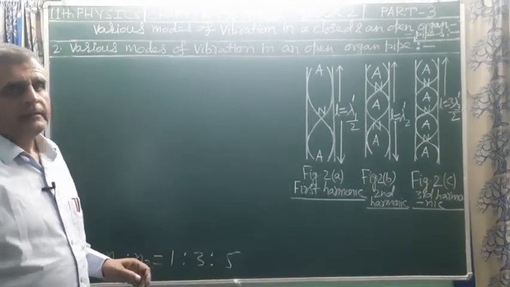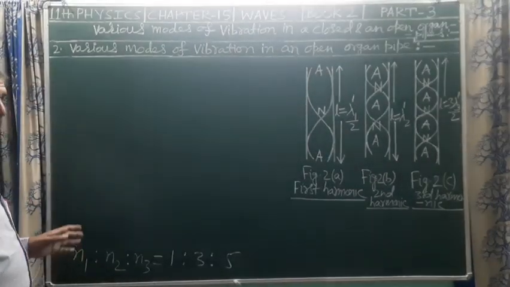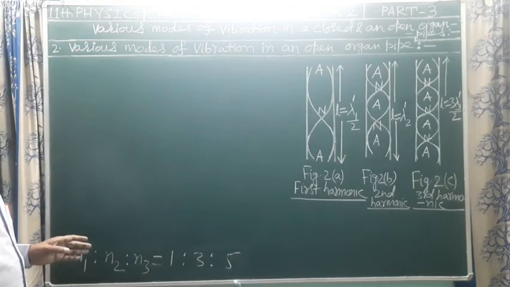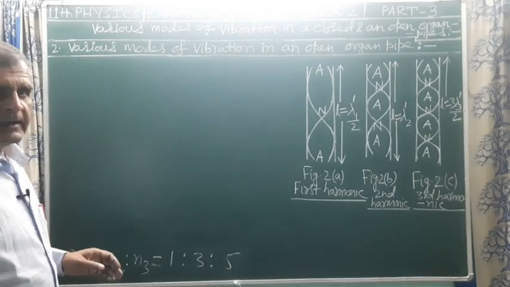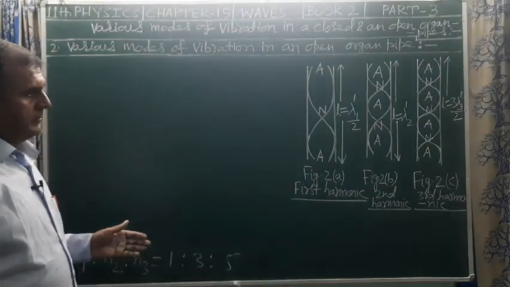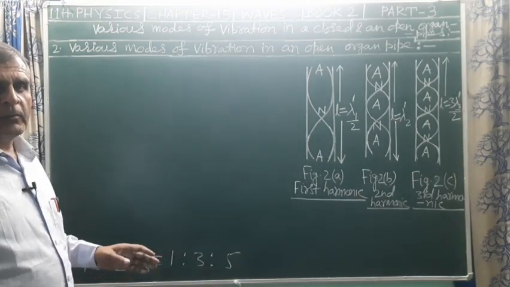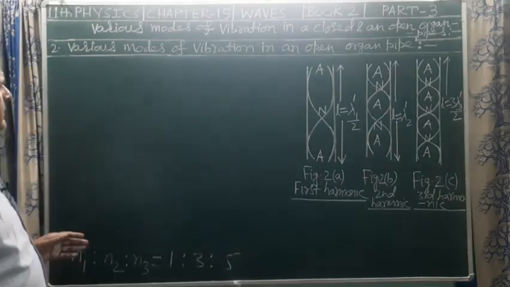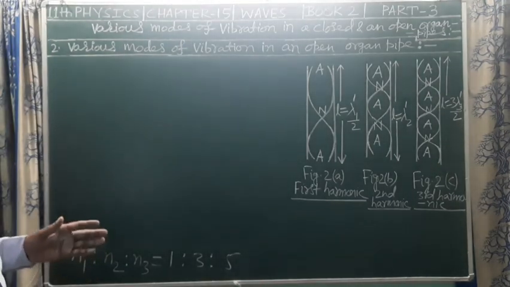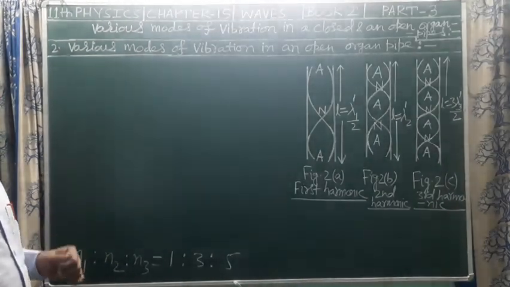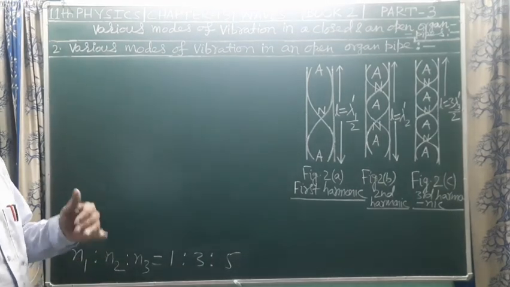Since harmonics produced in different modes of vibration of a closed organ pipe are only odd harmonics, therefore sound produced by a closed organ pipe is not melodious.